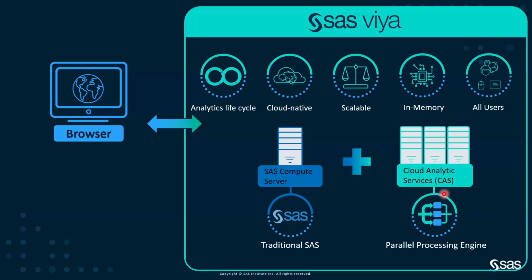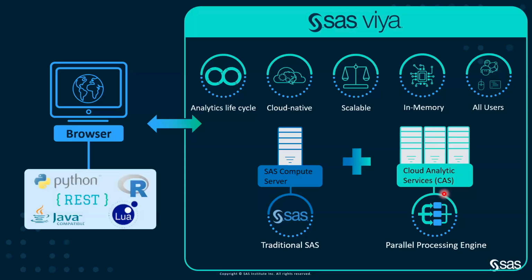Now, of course, to fetch any of these tools, we are going to use browsers, and through those browsers, all the authorized persons can actually access any tool they wish to and perform activities that they need to do. And the benefit that we will realize is that you are kind of free in terms of choosing how you want to interact with SAS Viya, or let us say CAS in specific, the Cloud Analytic Services.